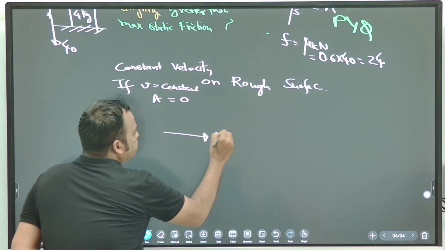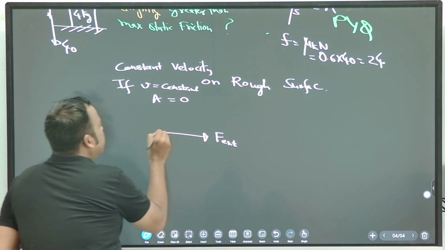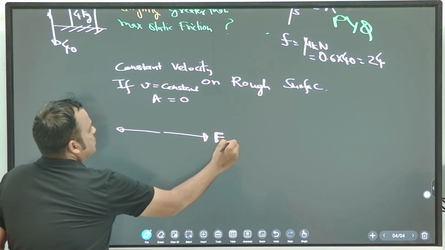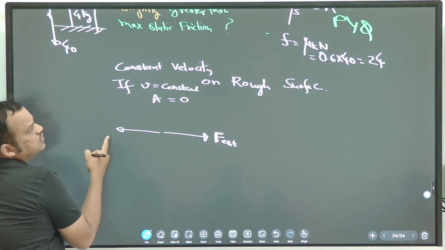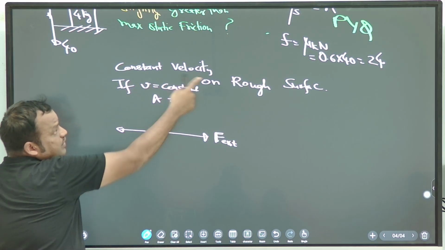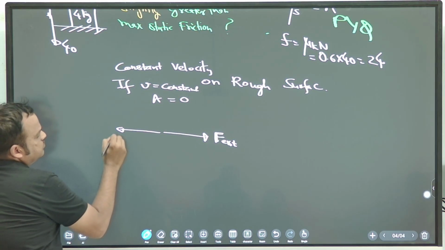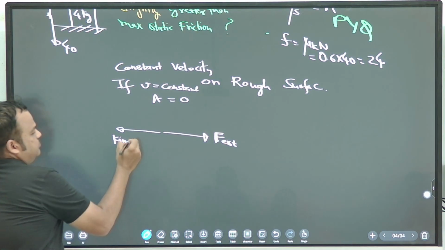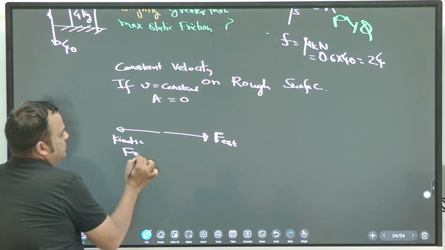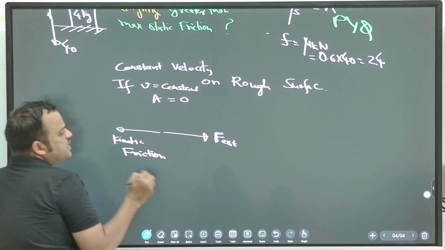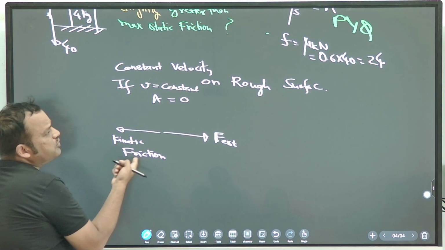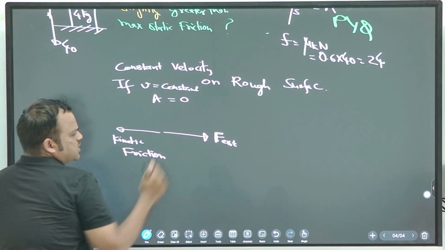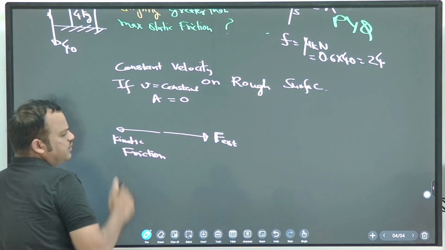So external force and friction will be kinetic or static? It is moving, so kinetic friction and external force equal. No doubt. So how much is external force? Kinetic friction, you know what is kinetic friction? Mu kn. So external force is mu kn.